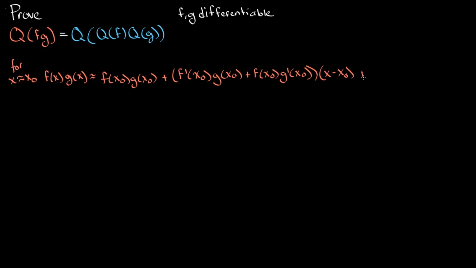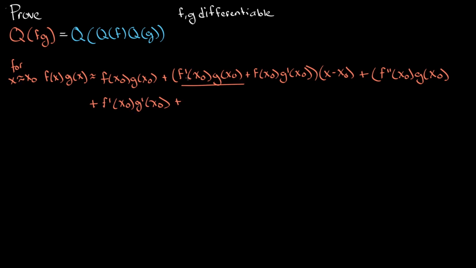So let's take the second derivative. And again, we have to use the product rule twice here. We have to use the product rule on this guy first. So we have f double prime of x naught times g of x naught. And I'm out of space, so I'm going to come down here. So we have plus f prime of x naught times g prime of x naught.